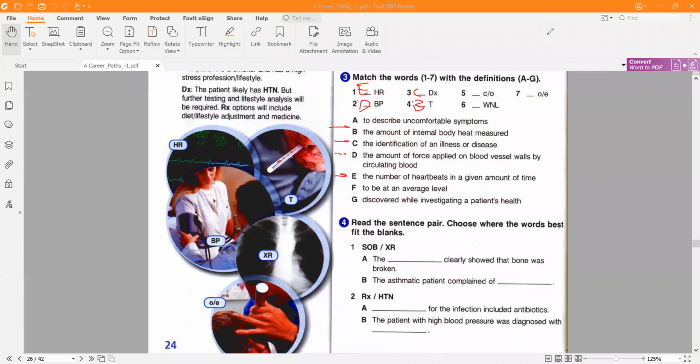Number 5, CO is number A. To describe uncomfortable symptoms.